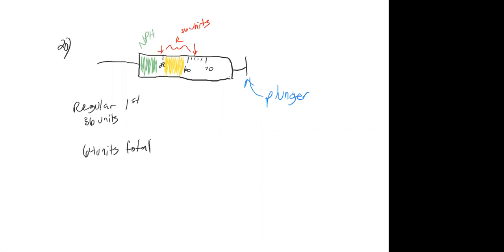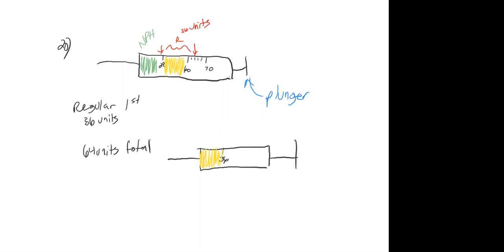So that's why I drew it in 2 different colors. So the yellow would indicate the regular insulin. So that was pulled up first. So let me do something here. Let's say I only drew up regular, okay? If I only drew up regular to the 36 mark, it would be in this yellow section. But I don't have just regular.